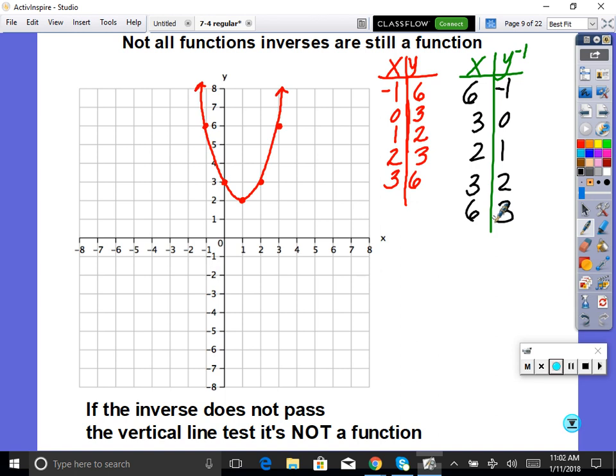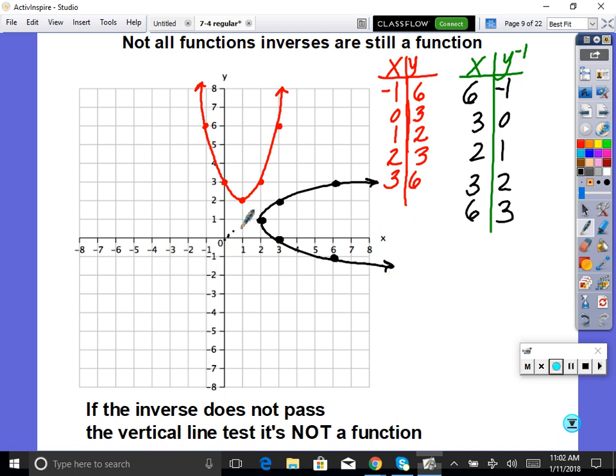So watch me graph this. This is interesting. Over 6 down 1, over 3 up 0, over 2 up 1, over 3 up 2, over 6 up 3. So I'm going to graph my inverse. All right, so it's like a sideways quadratic, correct? Yeah, yes.